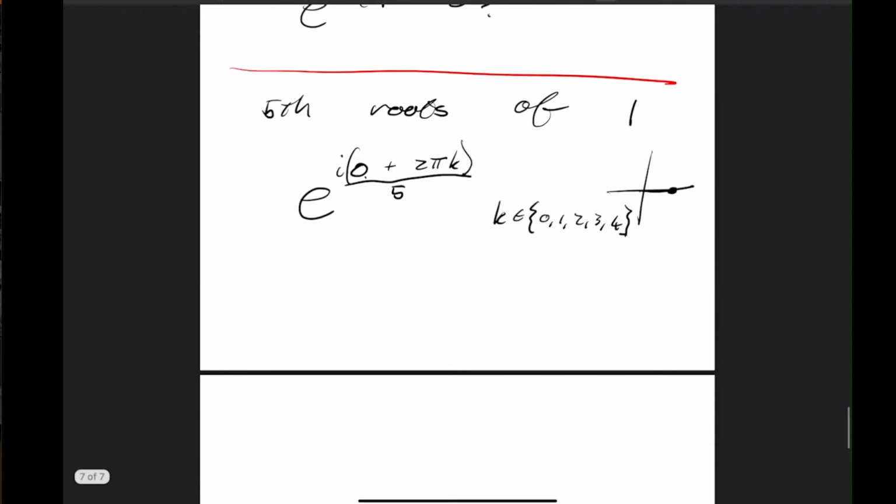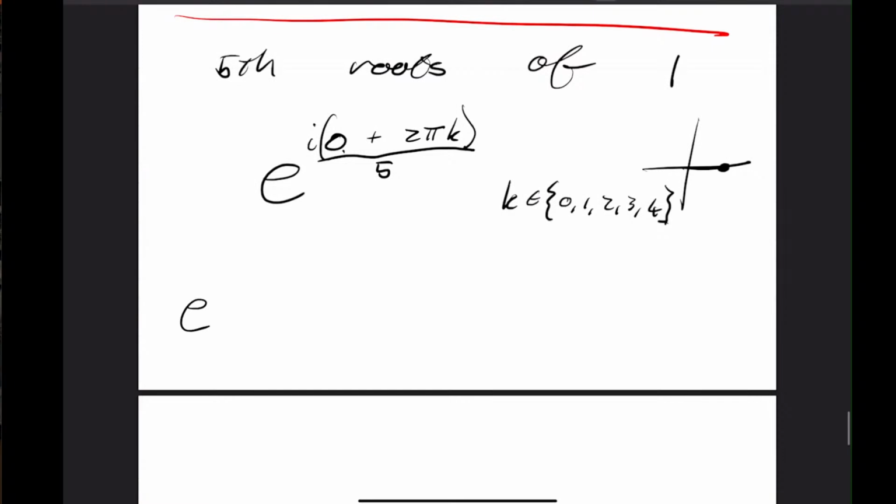So let's write out the fifth roots of 1. That is e to the i0, but that is just 1. e to the i 2π over 5.